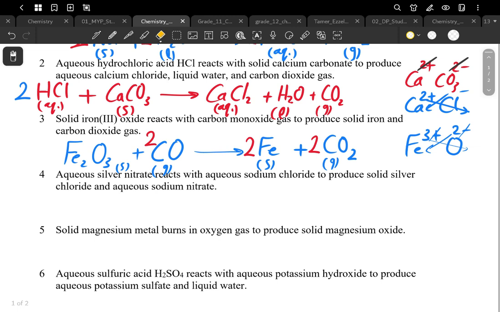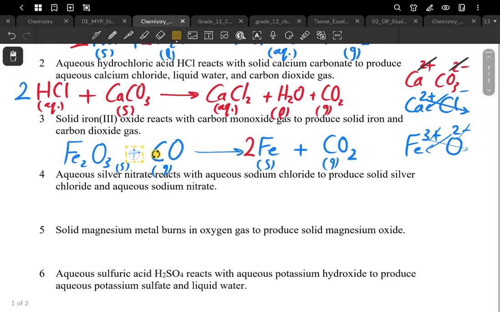If I just add 2 here, you know what's the problem? That oxygen is 3 and oxygen here is 2, so the number of oxygen atoms are 5 now, while the number of oxygen here are just 4. That's a problem, okay? So in order to solve this problem, we can change the coefficient. Just raise it up 1.